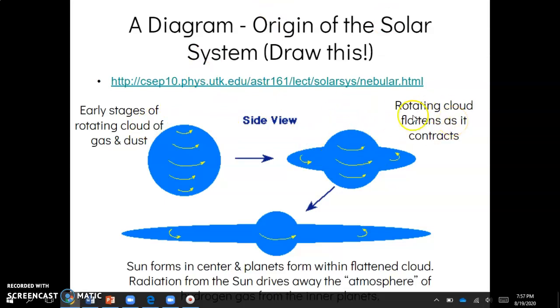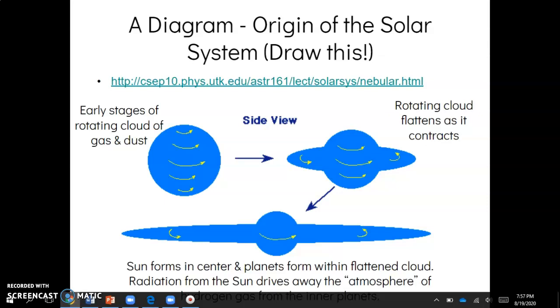That rotating cloud will eventually flatten out as it contracts. It starts out more circular, and then it flattens into a dish shape. And then the sun will form in the center, the planets form within the flattened cloud, and those planets will start to rotate around the sun. So it's a very cyclical process.